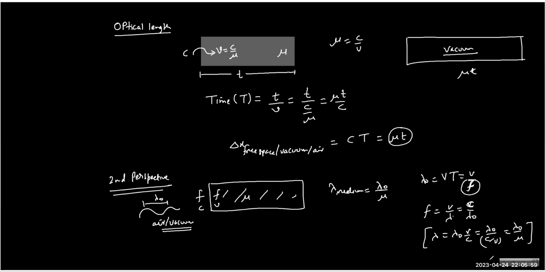So the idea is, if you have a medium of length t, the moment a wave enters inside, the wavelength becomes small, right? So lambda naught becomes lambda. So how many wavelengths can we accommodate in the same length?